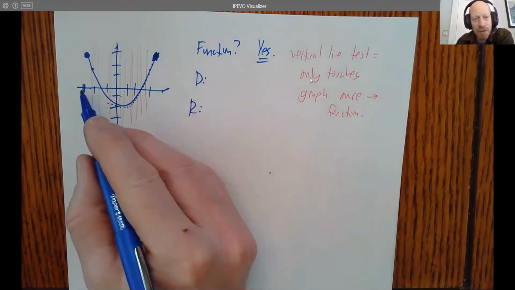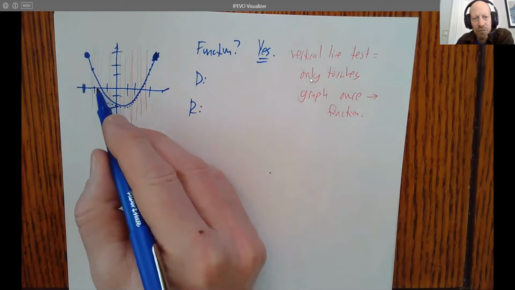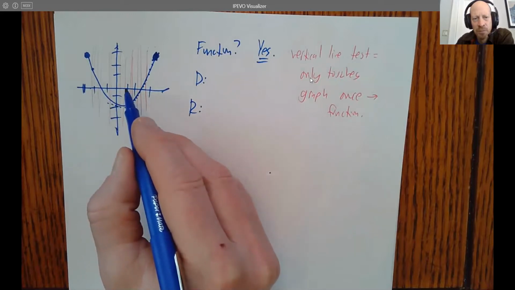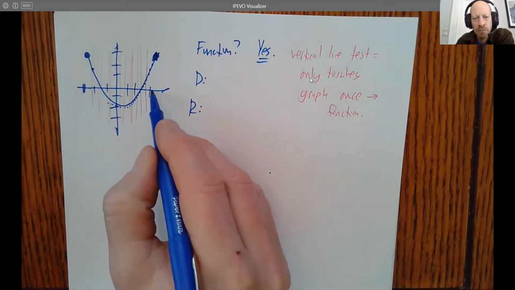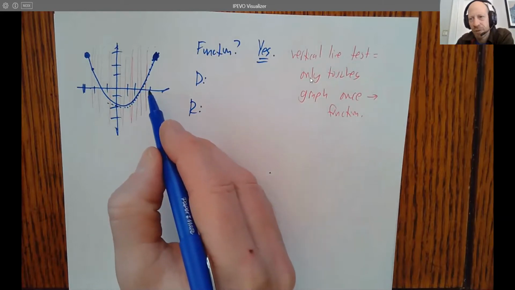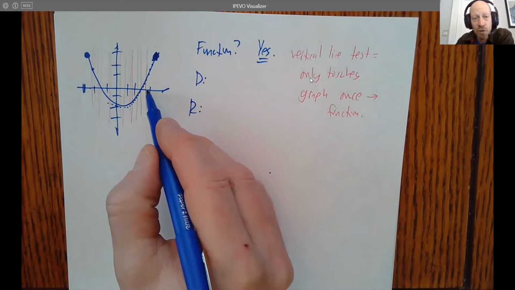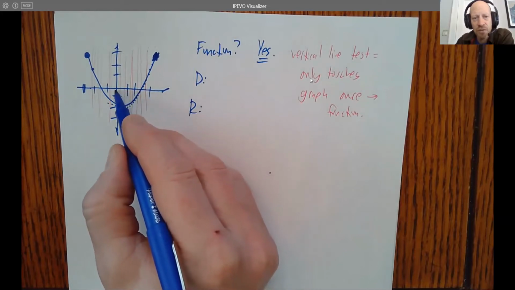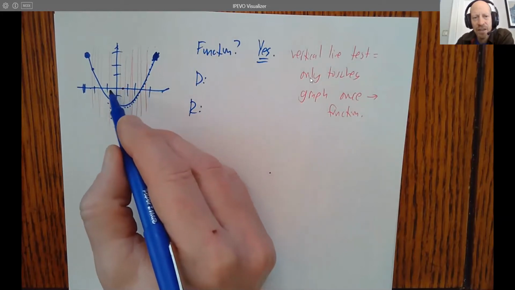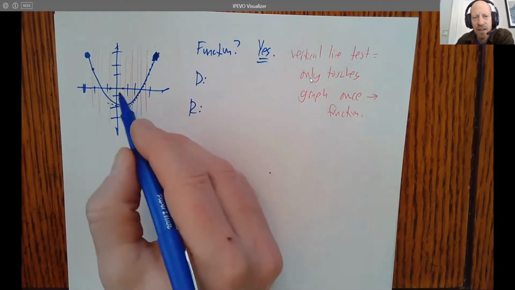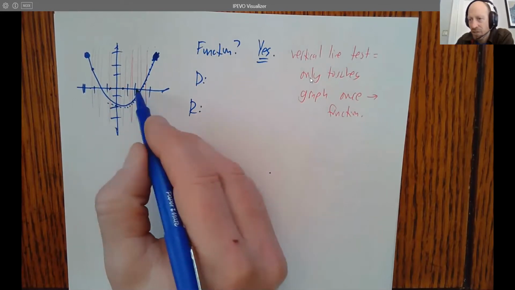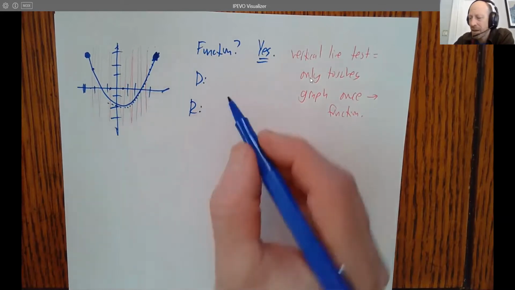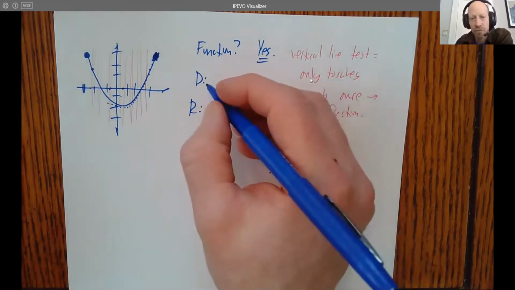I can't say my domain is -3, -2, -1, 0, 1, 2, roughly 3. That's not correct, because it's also all of these other values in between, like a half and -7/8, and everything else in this range is also part of the domain. I can't list those, so I need to write those as an interval.